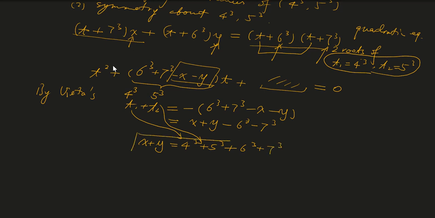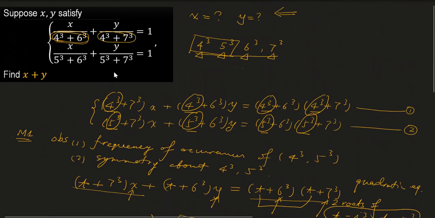Therefore, this is our final solution. This is exactly what we want. This is certainly a very clever approach which combined these two equations into one quadratic equation. And then the rest of the work is Vieta's formula.